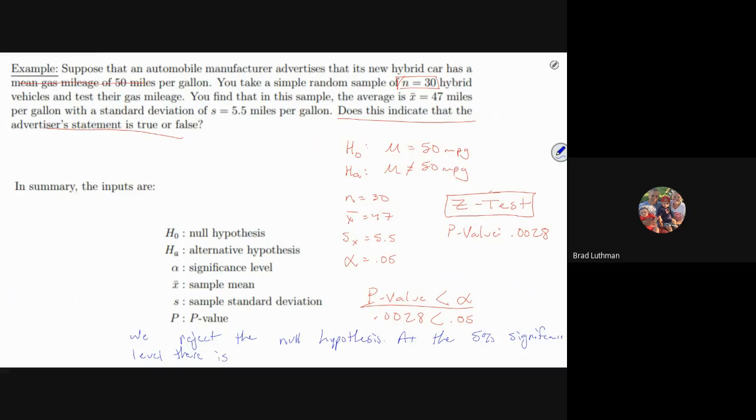When we reject, there is evidence to suggest the advertisement is false. All this mathematics is just proving that probably what you're saying there, company, is wrong in terms of your gas mileage.